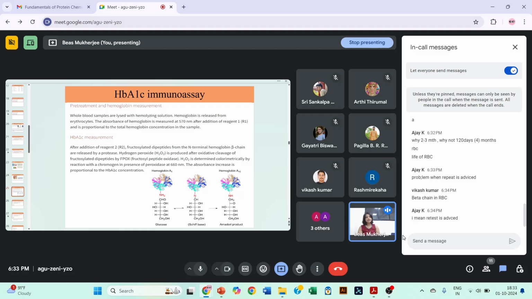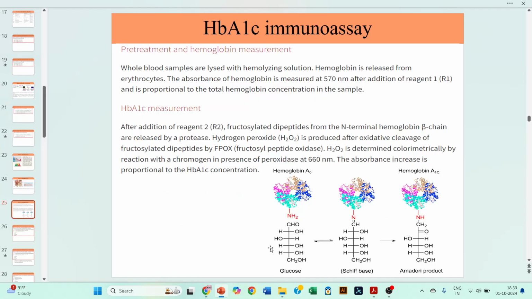Oh, okay, you're saying that? Okay. Retest is also advised for this assay, and then there is a problem. Please discuss the previous slide. Okay, sure.